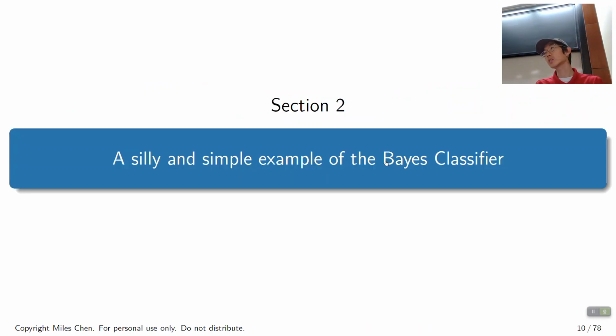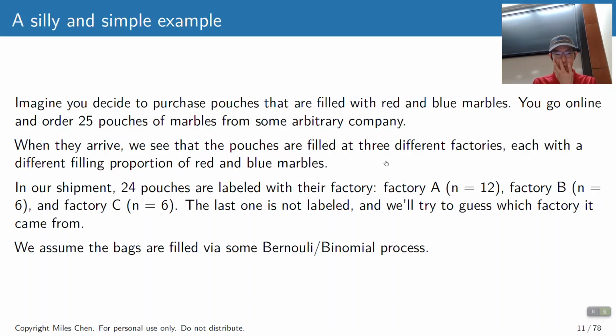Okay, so we're going to look at a silly, very simple example to illustrate how the Bayes classifier will work. Imagine you go online and buy some marbles. They come in little bags, and the marbles in the bag are either red or blue.